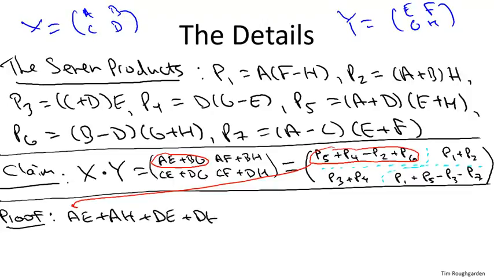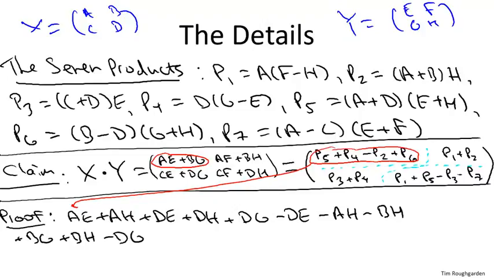Then we add P4, so that's going to give us plus DG minus DE. Then we subtract P2, so that gives us minus AH minus BH. And then we add in P6. So that gives us plus BG plus BH minus DG minus DH.